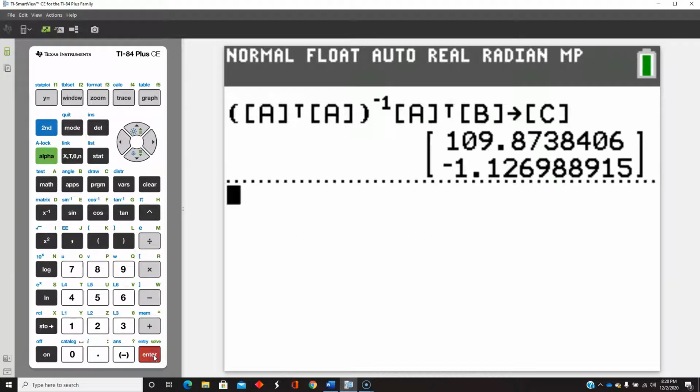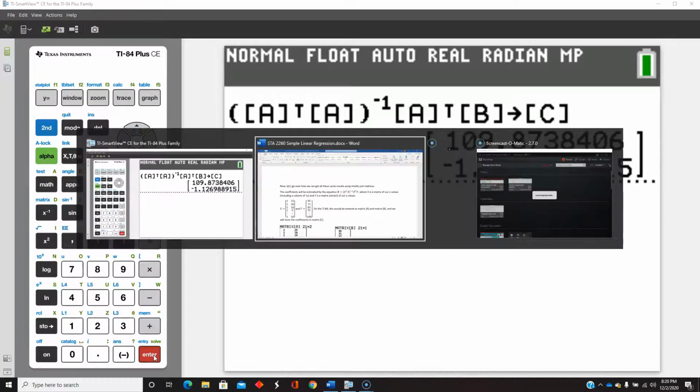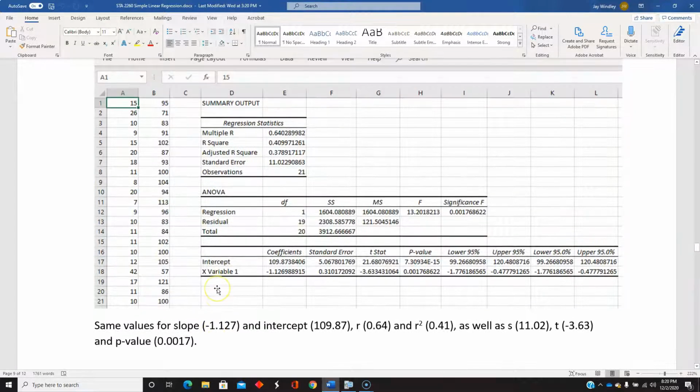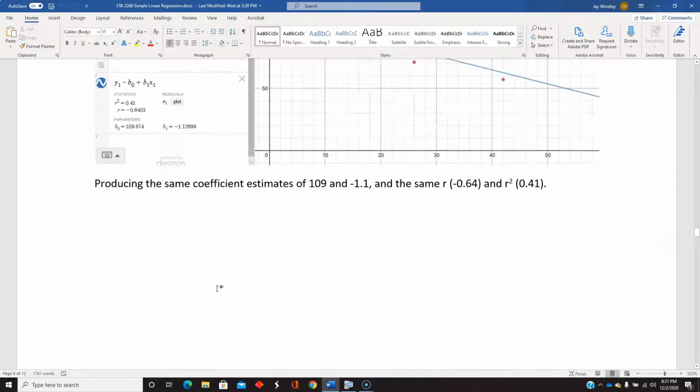And with this one equation, bam, there's our two coefficients, a y-intercept of 109 point something and a slope of negative 1.12. And these numbers are, with full decimal places, exactly the numbers we're going to get from any other printout.